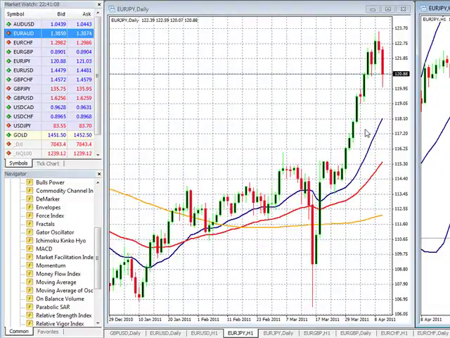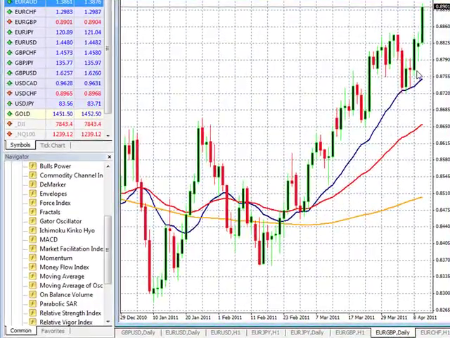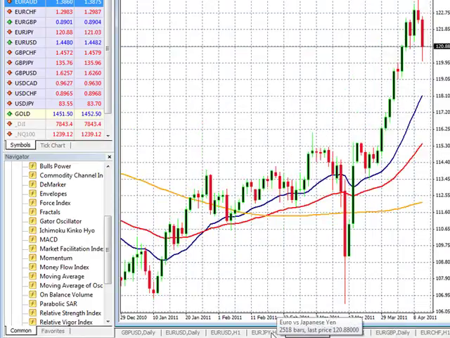However, unlike the Euro Pound, which made a new high after coming up here, the yen is pulling back a little bit. So for me, I want to see how far this is going to go lower.